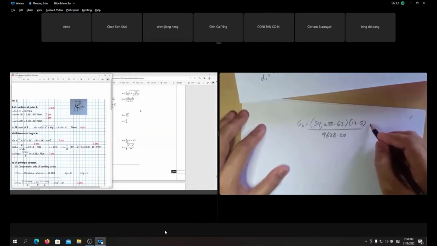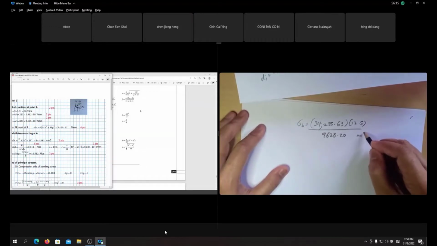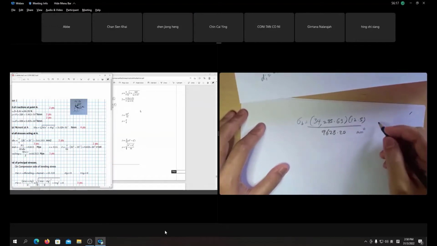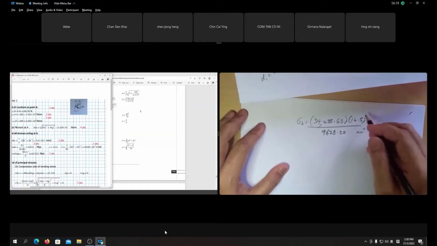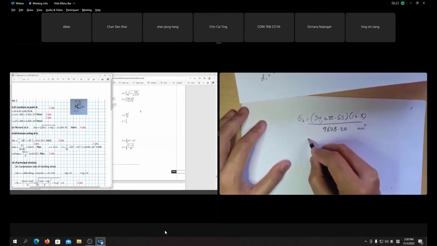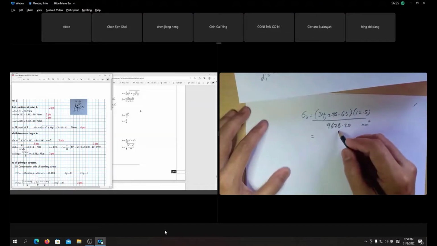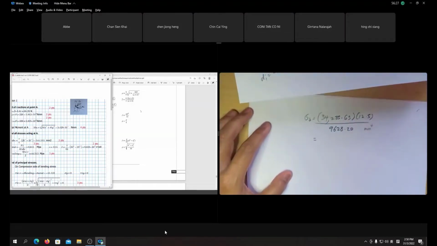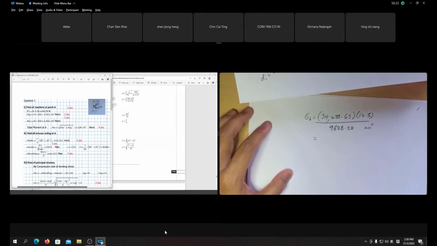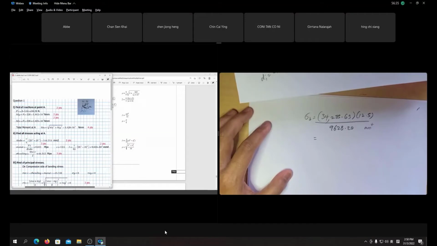So you get this one. Since this is millimeter to the power of 4, actually it is in Newton per millimeter square, because the moment is in Newton millimeter. So what is sigma bending?